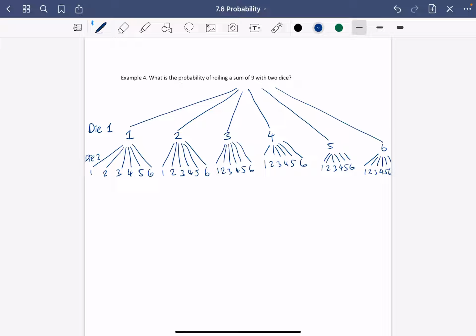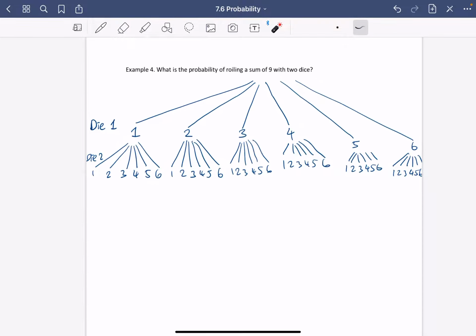So this is our tree diagram. And the question is, what is the probability of rolling a sum of 9?